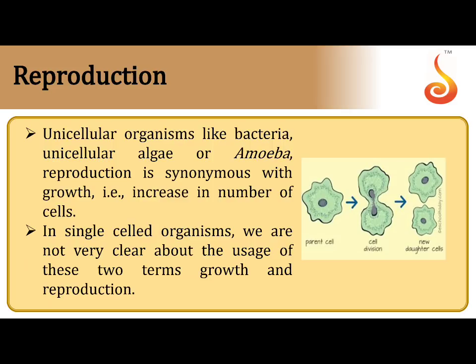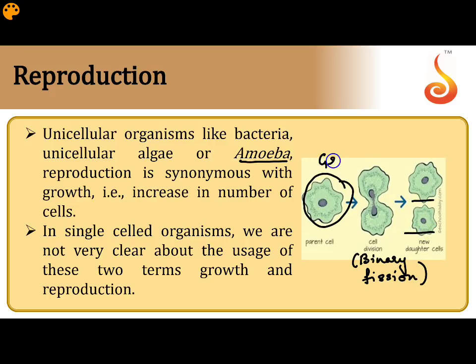The next example we are seeing is amoeba, the example which we have already seen once. In this case, the cell division or binary fission leads to the formation of two daughter cells. And in this case, you also see that one cell giving rise to two cells can be defined as growth.